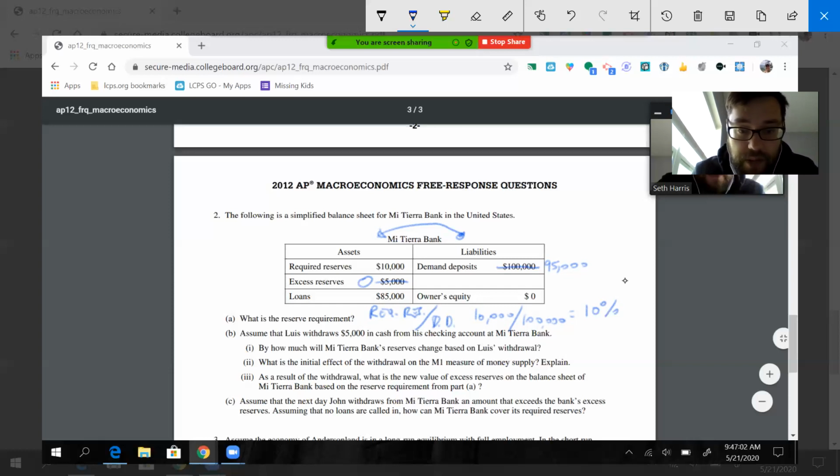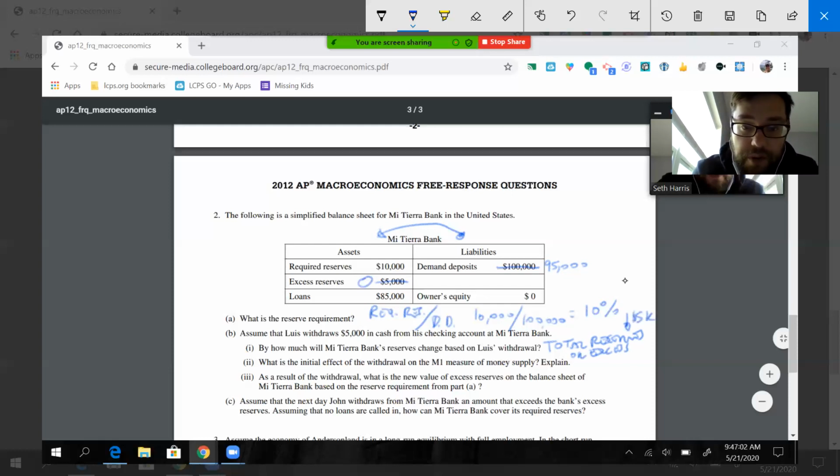Part 1, how much will the bank's reserves change based on Luis's withdrawal? You have to be careful about how you word this. You could say total reserves or you could say excess reserves decreased by 5,000.